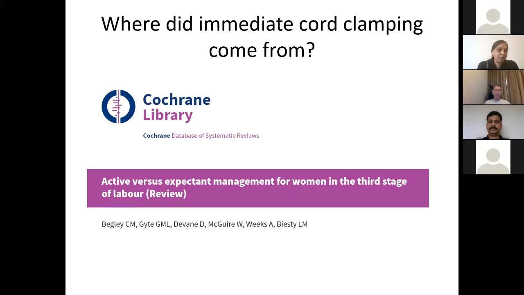Not a lot of thought was given to what was going on with the baby in this study. And although it didn't particularly mention the timing of clamping the cord, it kind of snuck back into practice. And over the years, we've had more studies as we've understood more about neonatal physiology and transition. We've been trying to reintroduce optimal cord management and delayed cord clamping.